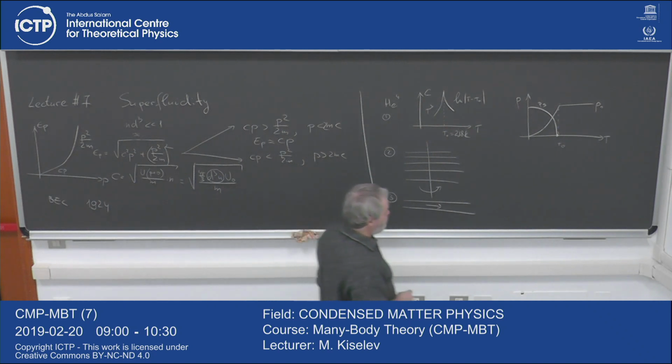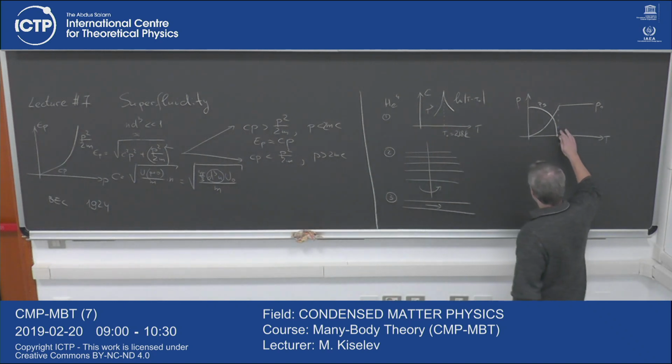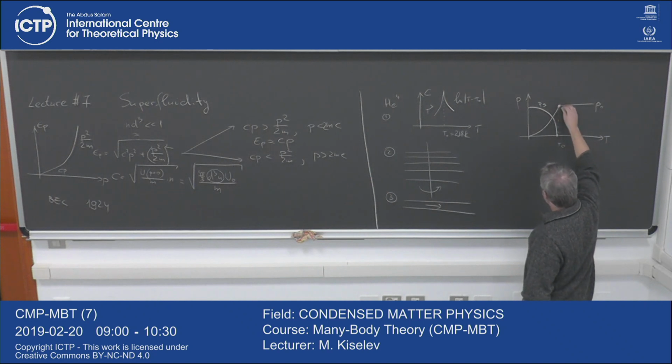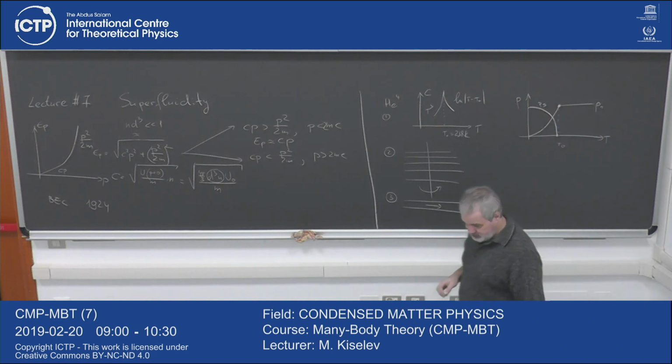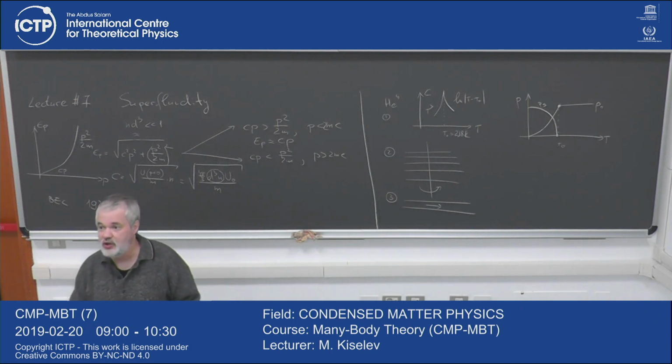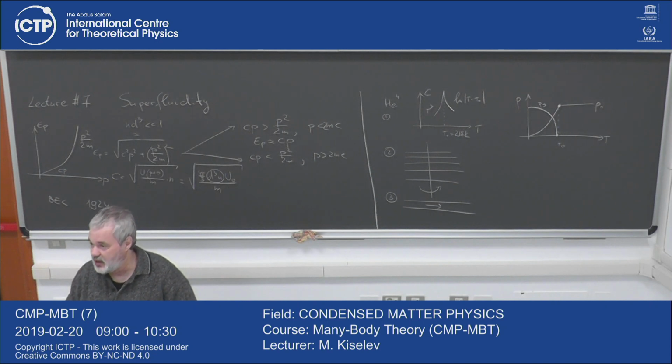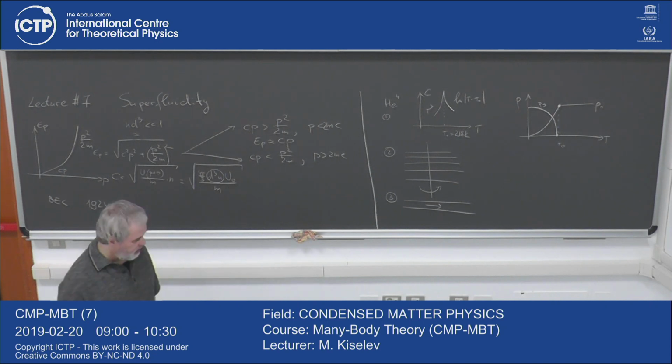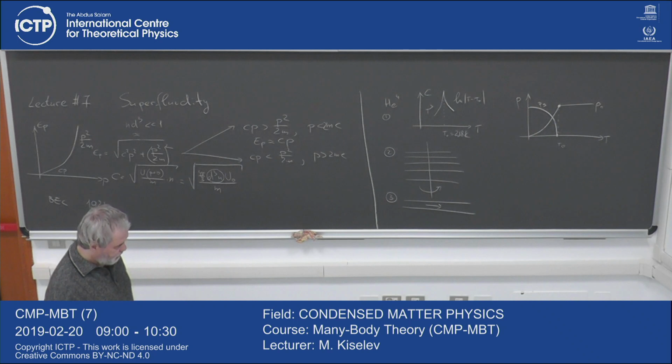And of course, if the temperature is larger than T naught, then the superfluid component disappears and the liquid becomes totally normal. So it basically behaves like water, the liquid which we are used to.